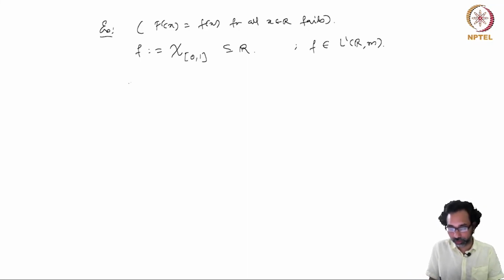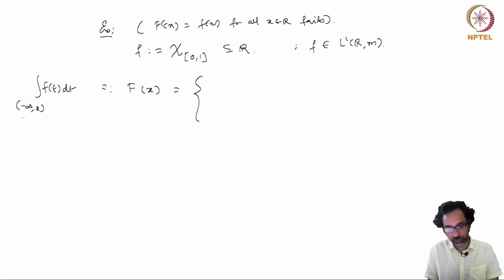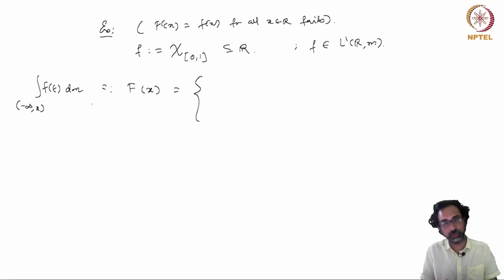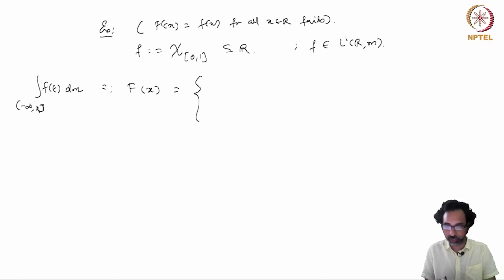And so now we can try to deduce what is capital F. So capital F(x) is by definition the integral of f(t) dt, so I'm writing dt, but it's the same as dm with the Lebesgue measure, over the interval minus infinity to x.